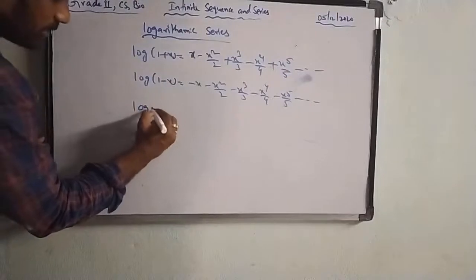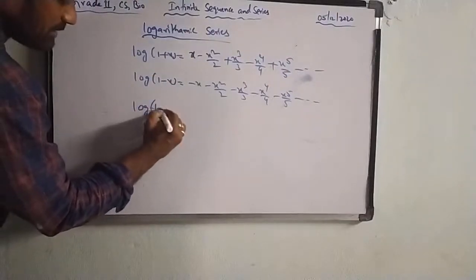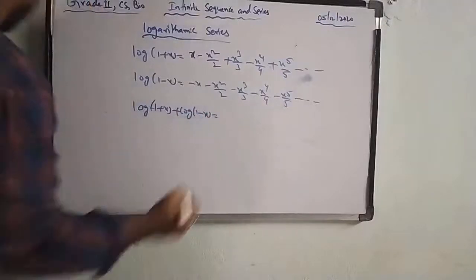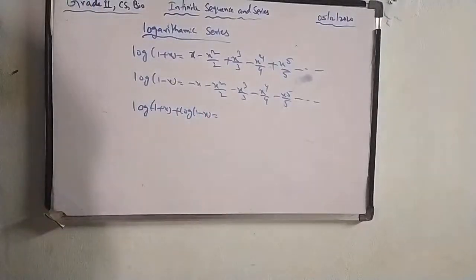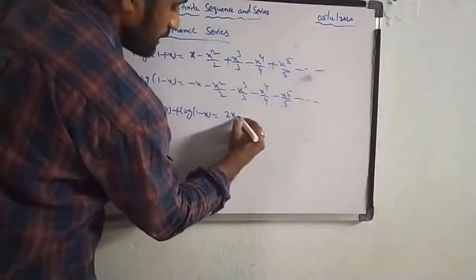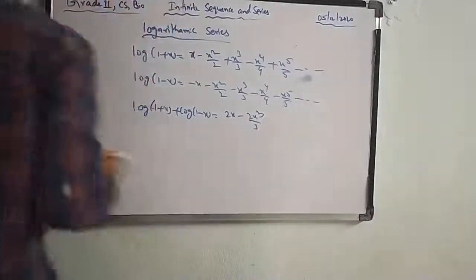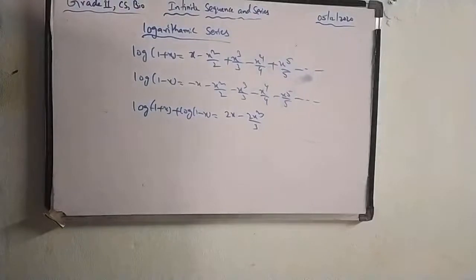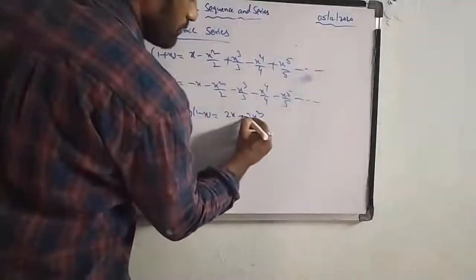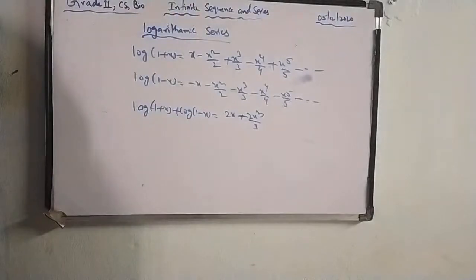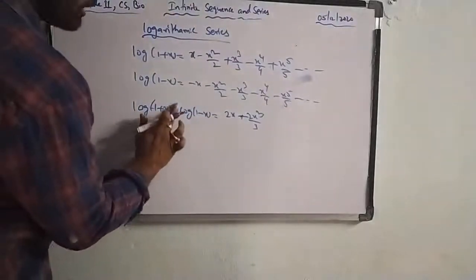So all are minus and so on. Next, if I add these two, log of 1 plus x plus log of 1 minus x is equal to... sorry, not doing addition, I am doing subtraction.